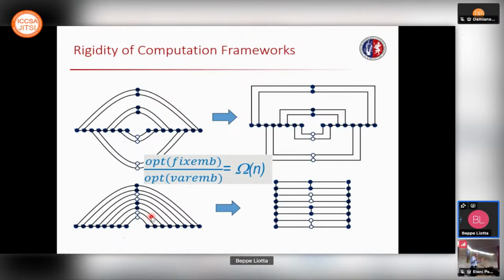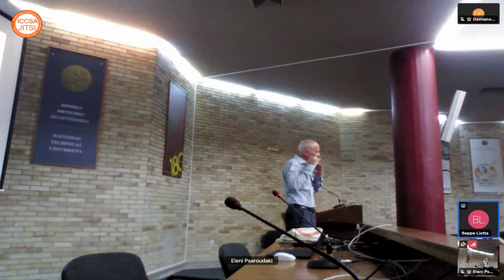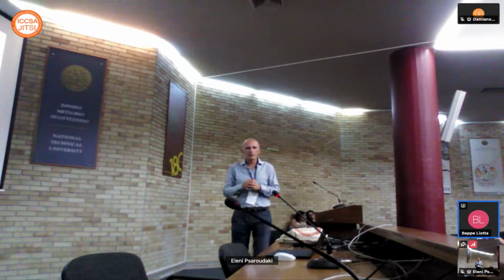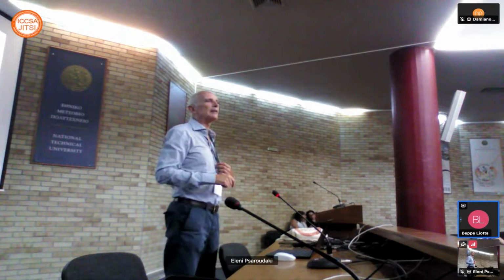And so, of course, at this point, the algorithmicians would start studying the complexity of the problem and heuristics. The problem is polynomial-time solvable if the embedding is fixed, and NP-complete if the embedding is variable. I don't want to be technical here, but then you can study fixed-parameter tractable approaches.